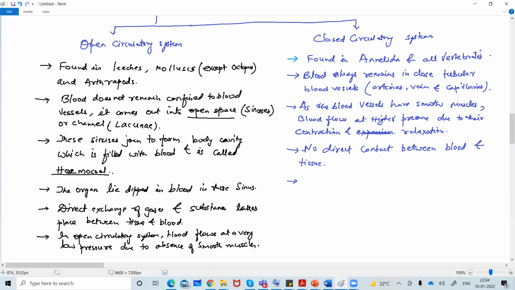Right? So you can give a point here that exchange of material takes place between blood, that means in capillaries, and tissue fluid.